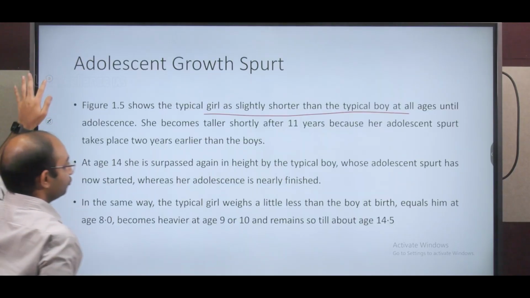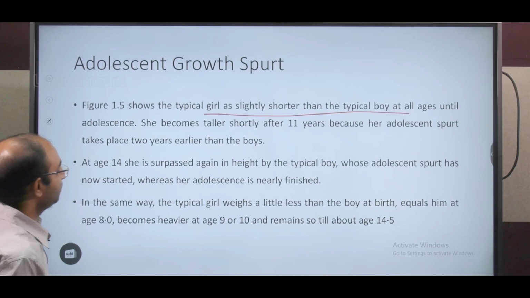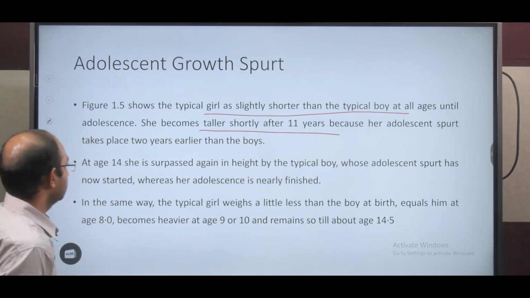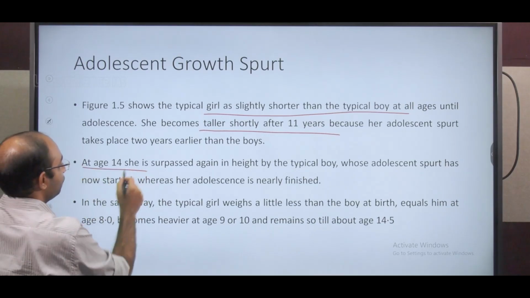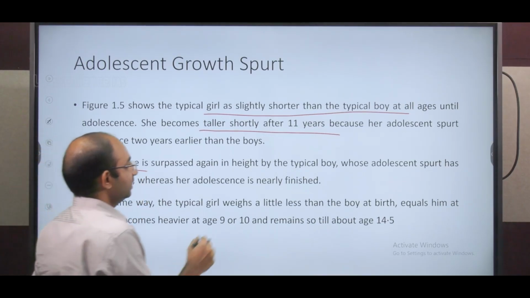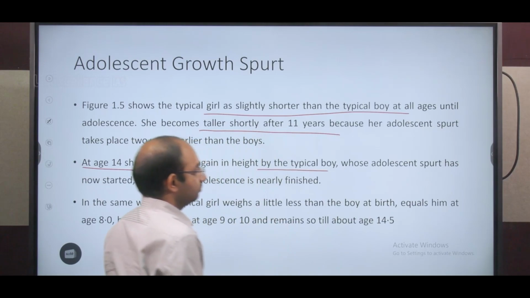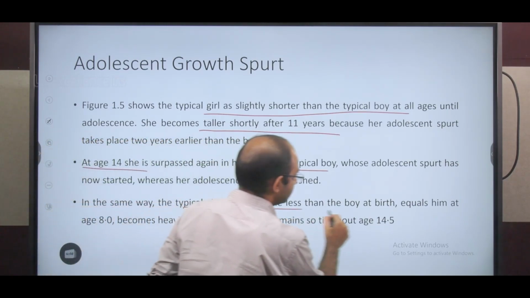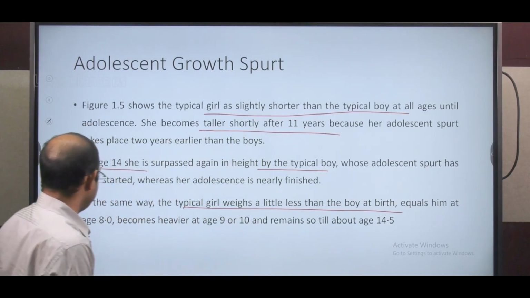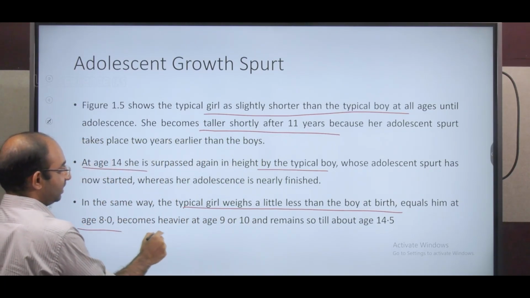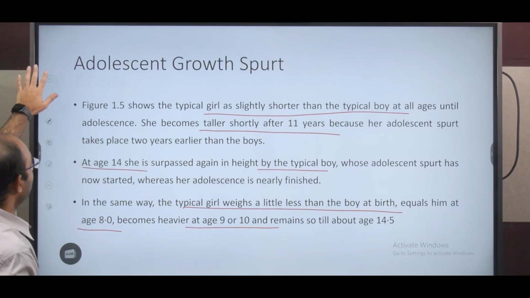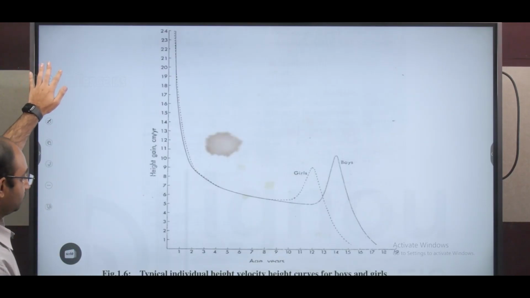She becomes taller shortly after 11 years because of growth spurt, and at age 14, she is surpassed again in height by the typical boy. In the same way, girls also weigh a little less than boys at birth and equal him at age 8 and become heavier at age 9 or 10 and remain so till about age 14.5. So you can talk about height and weight differences and how this varies.